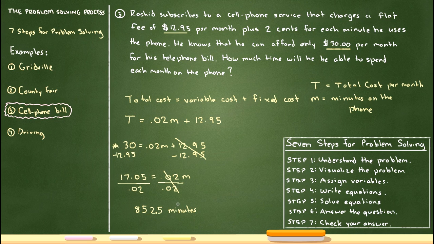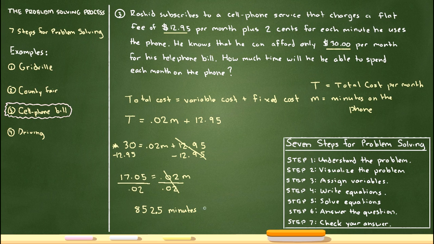852.5. Well, if you go ahead and plug this back into the equation, 0.02 times 852.5 plus 12.95 should give us 30. And I'm just going to trust that it in fact does give us 30. So that's one way you could check your answer, is to plug it back into your original equation and see if you get a valid thing.